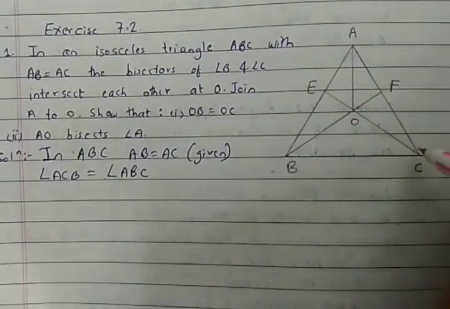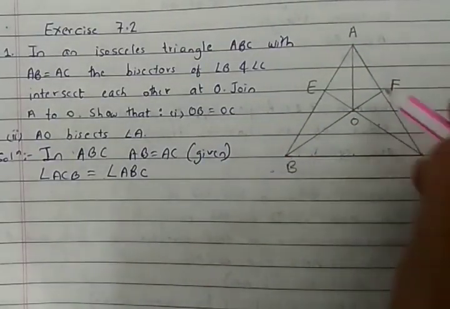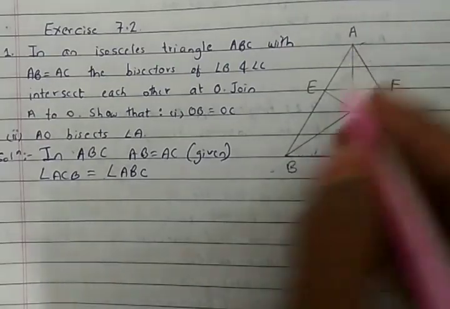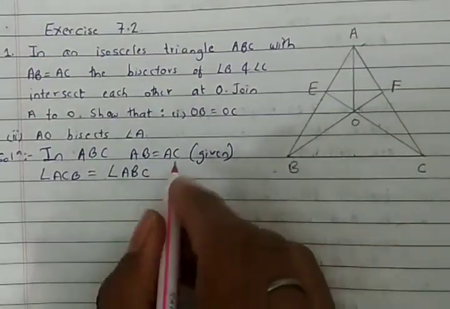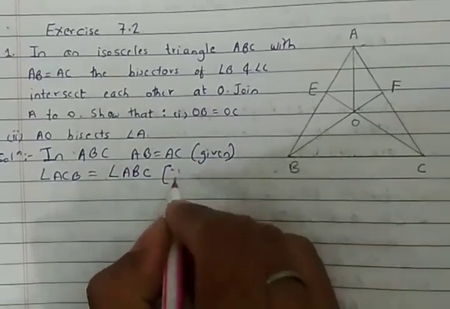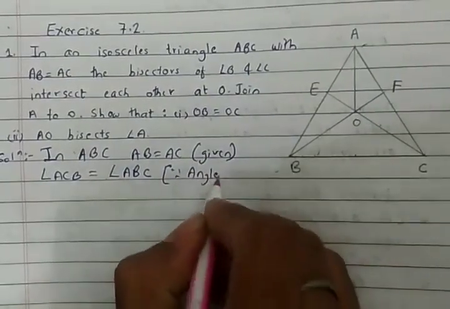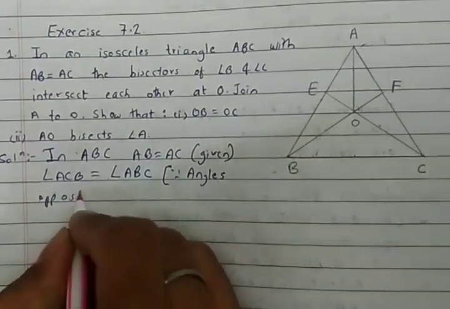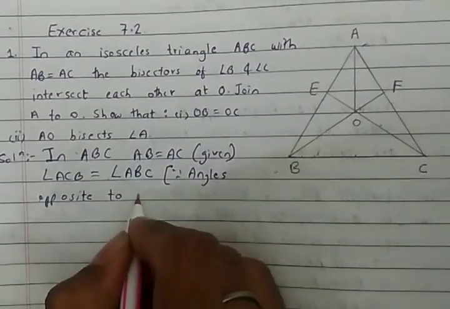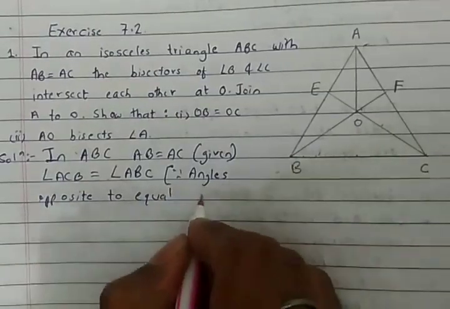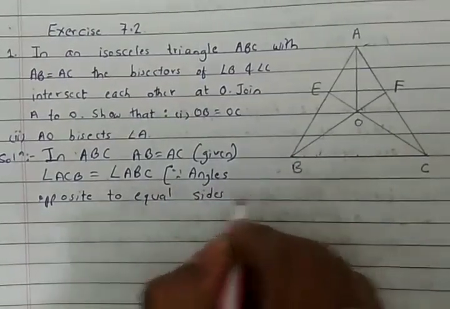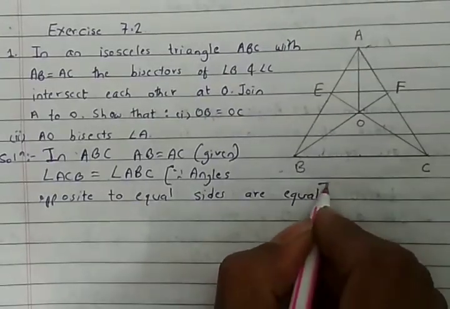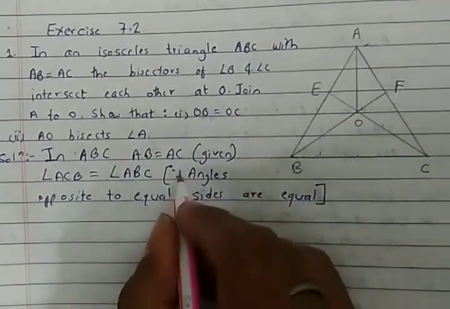These two angles can be same. How? Angles opposite to equal sides are equal. We have just proved this. So we will write it down, because angles opposite to equal sides are equal, right?